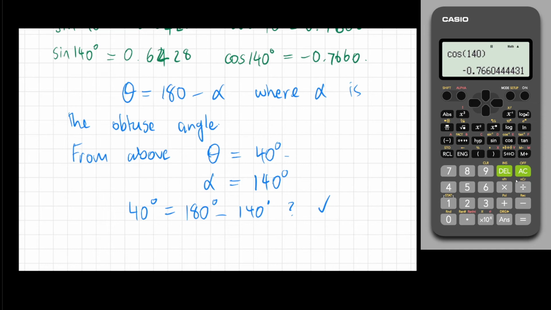Now, if we tried, say, 40 degrees and 130 as our obtuse angle, then we'd have something that's different. But at the end of the day, you have your calculator that's going to do this. This is the theory behind why this all works, and this is quite a long video too. But essentially, the point is that you're going to be able to work out the sine or cosine of an obtuse angle very, very quickly, okay?